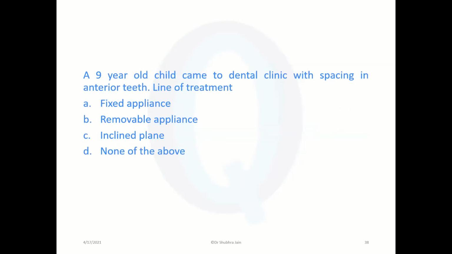A 9-year-old child came to a dental clinic with spacing in the anterior teeth. What are you going to tell the parents? That this is a normal physiological phenomenon, this is the Broadbent phenomenon, this is ugly duckling stage, and it's going to get corrected. What if the spacing is more than 4 mm? What will you do?